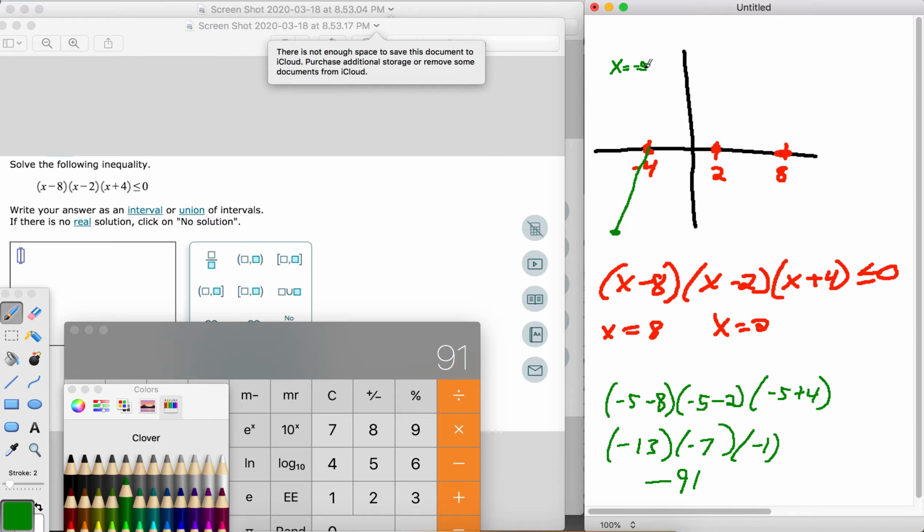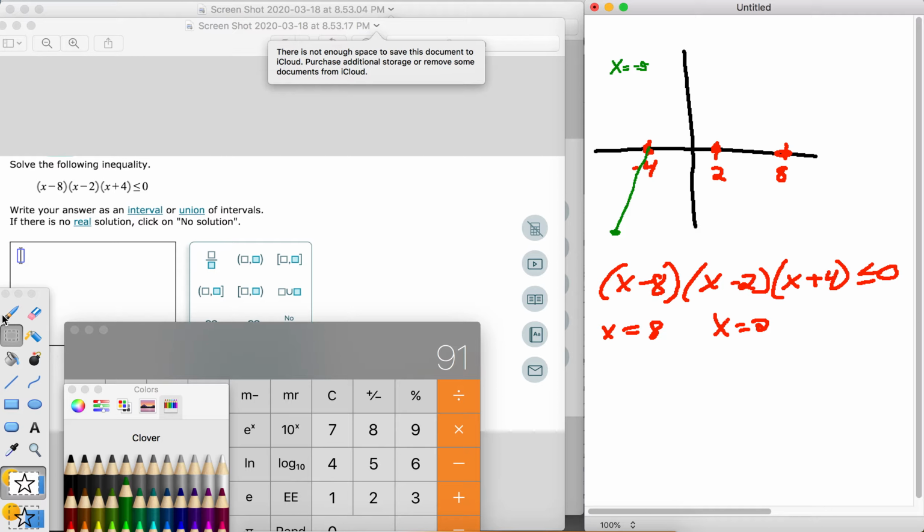Because again, we plugged in negative 5 and got y equals negative 91. It's way down there below the x-axis. So let's plug in another test point. You can pick whatever you want, as long as it's on some sort of interval. We want to know what's happening between negative 4 and 2, roughly. An easy one to plug in usually is x equals 0.